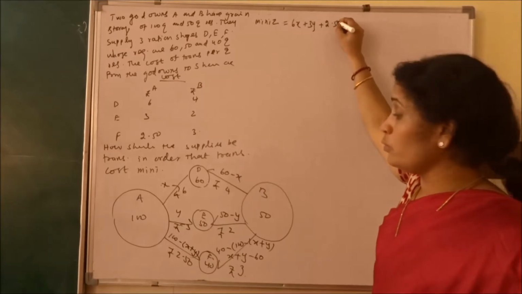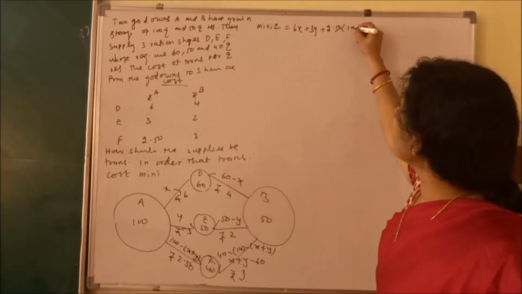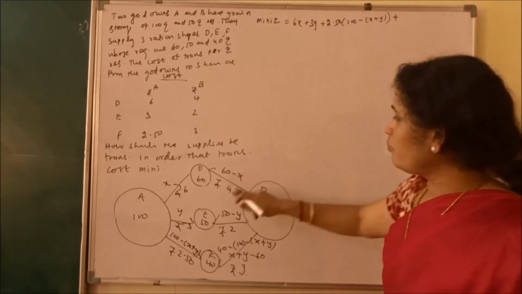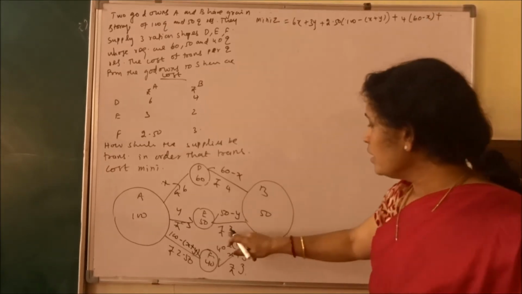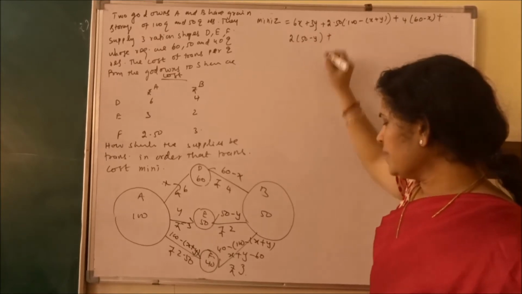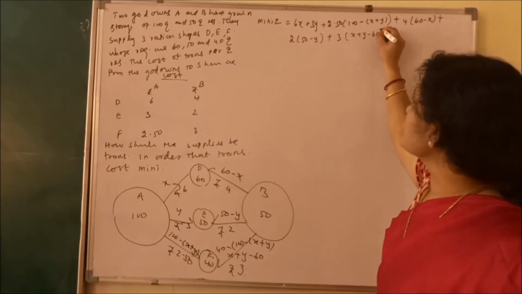Very carefully you have to do the calculation. Then plus 4 into (60 minus x), and then plus 2 into (50 minus y), and then plus 3 into (x plus y minus 60).